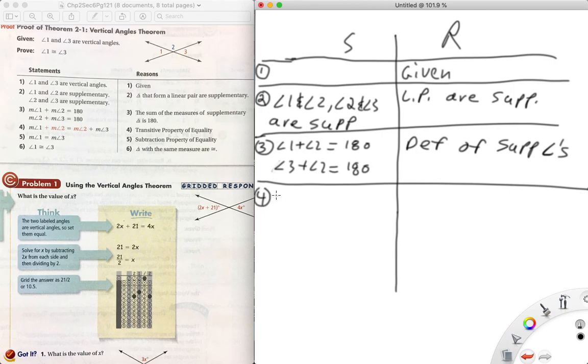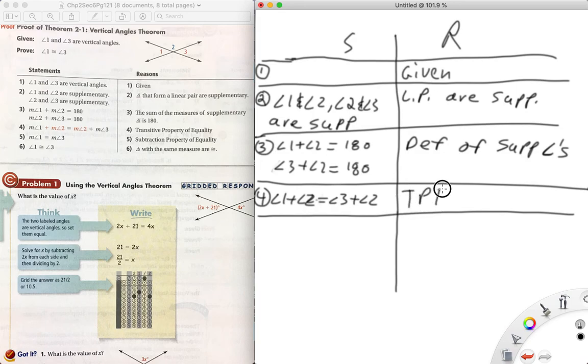So I can say that angle 1 plus angle 2 equals angle 3 plus angle 2. We can say transitive property of equality, and remember I called it TPE.